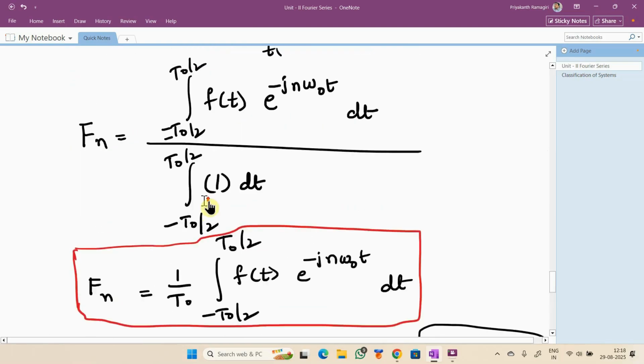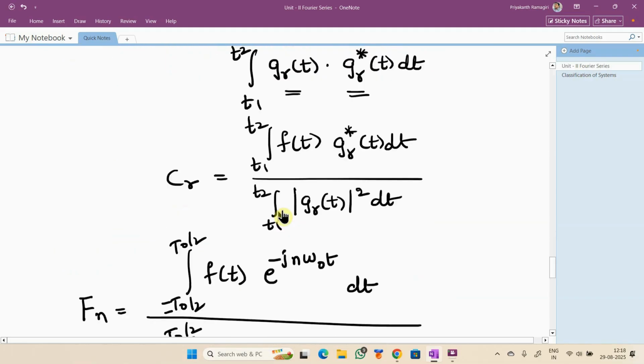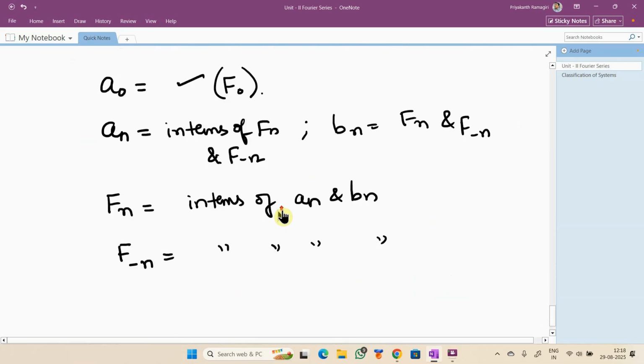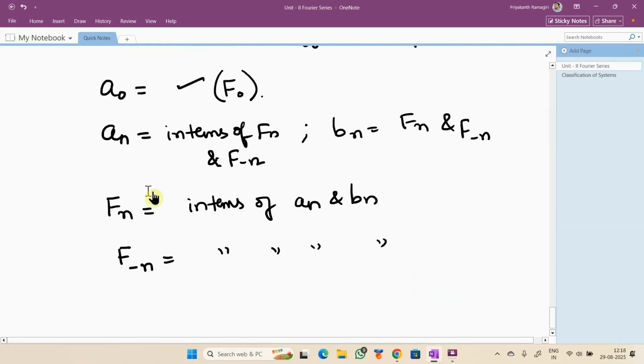Because for exponential Fourier series, you can see n goes from negative to positive. So this is the task today. First do this, then you can try for the others. It will be easy for you. Right? Yes, sir.